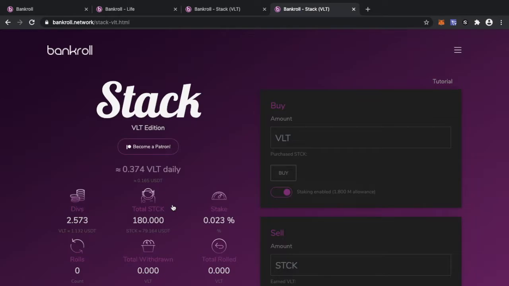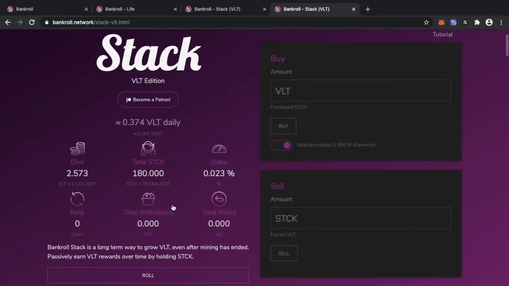Stack is, again, the equivalent of Bankroll Stack for Tron. Stack is a very useful tool, because you never lose value of your stack. You're not sitting there thinking, all right, I'm just going to sit on this token and hope for the best. No, while you have the stack, you are also earning.